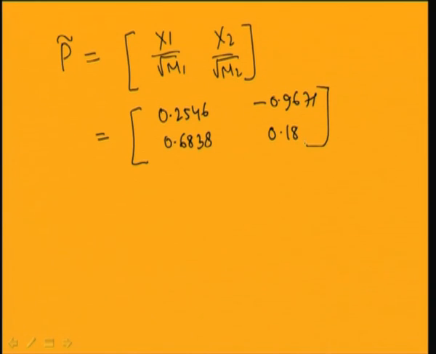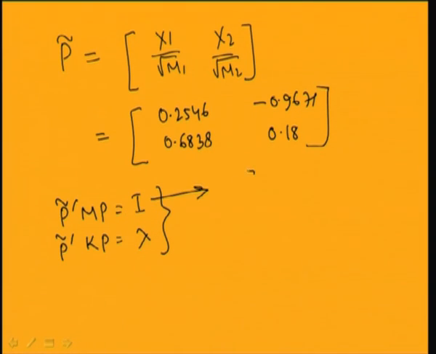So, now you can verify that the P weighted modal matrix transpose M P equals the identity matrix, that is 1 0 0 1, and P weighted modal matrix transpose K P is nothing but the lambda matrix.